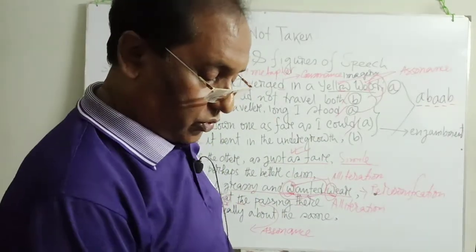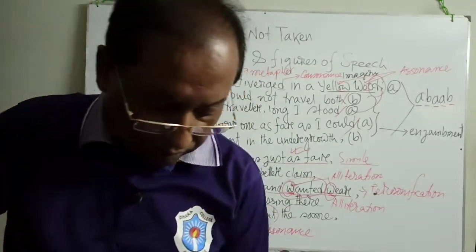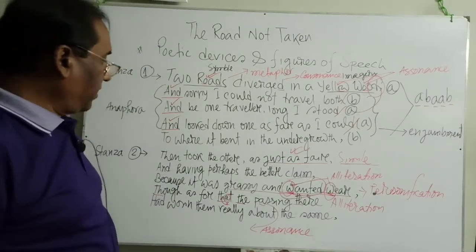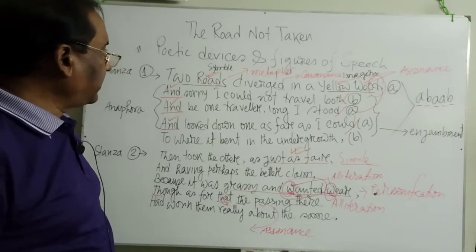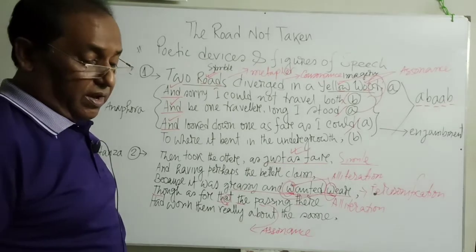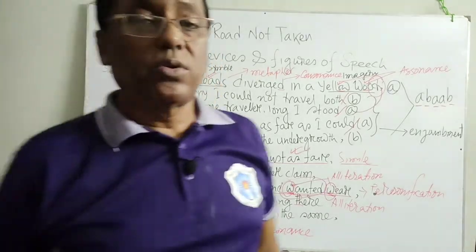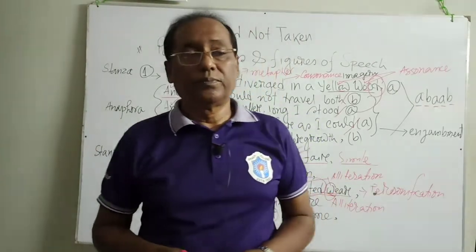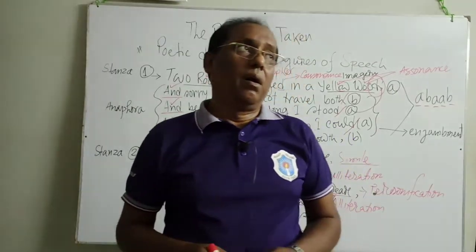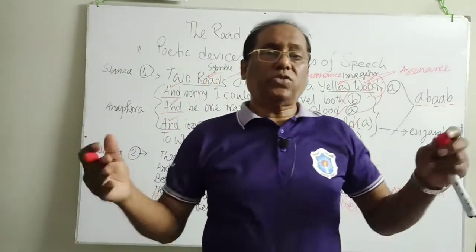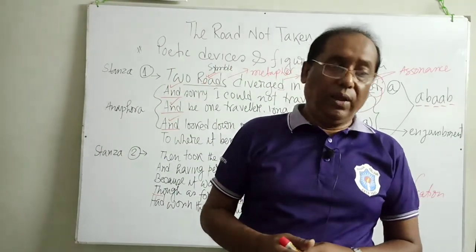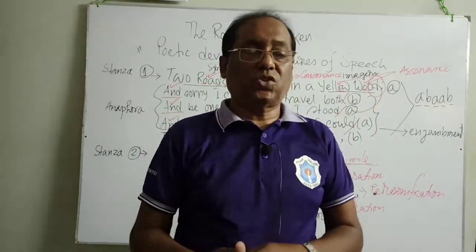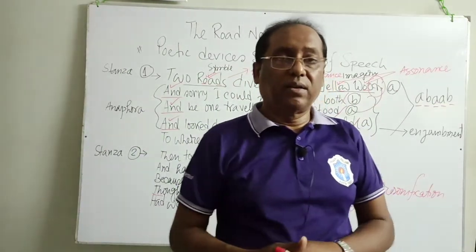My dear students, so far I have discussed some poetic devices and figures of speech. In this context, I want to say that in this poem, iambic tetrameter has been used with some variation of both anapest and trochaic foot.